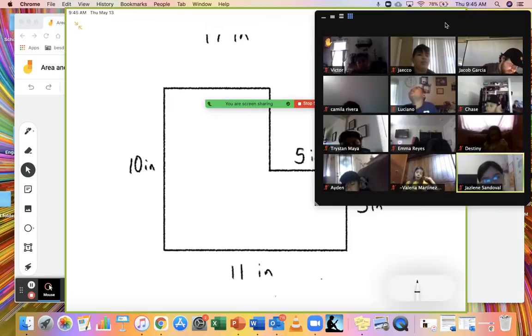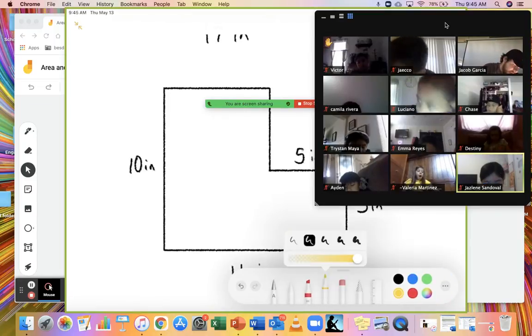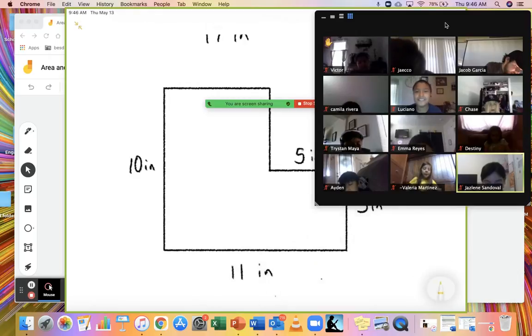Thank you. We're missing some of these sides. If you noticed in our previous examples, and like we've talked about before, you cannot solve for perimeter unless you know all the sides.